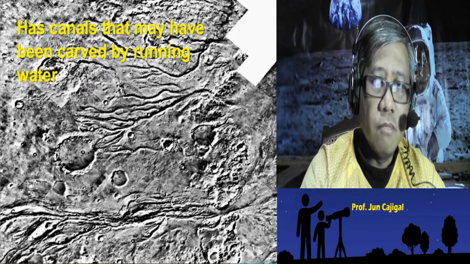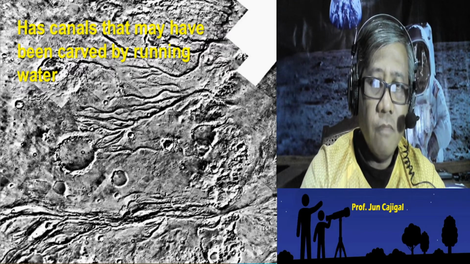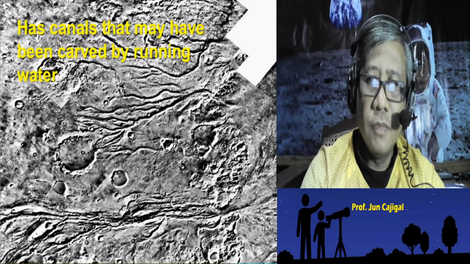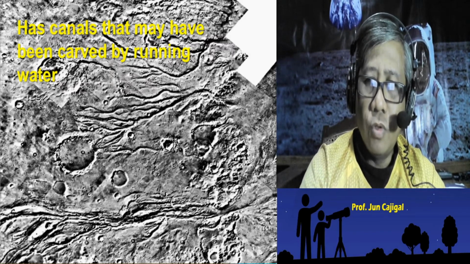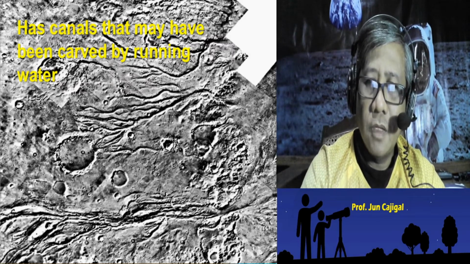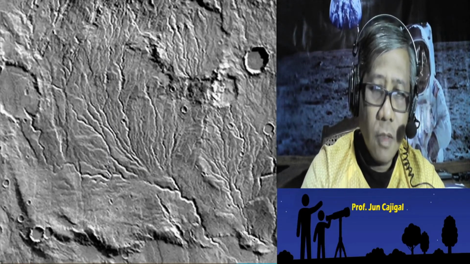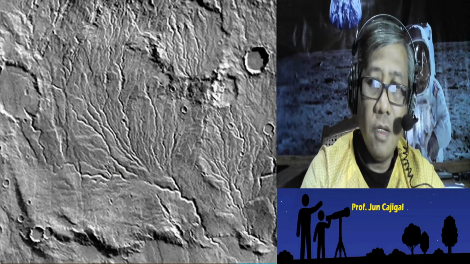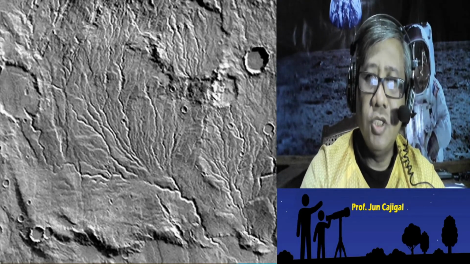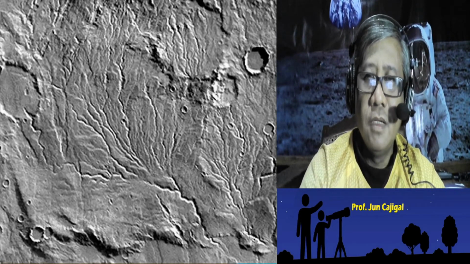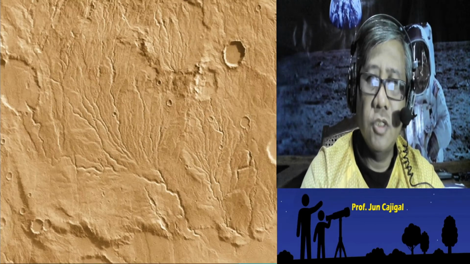Okay, so the Martian surface has canals that may have been carved by running water. So this is a geologic evidence that water once flowed on the Martian surface. Yan, itong mga tributaries na yan, parang mga ilog.